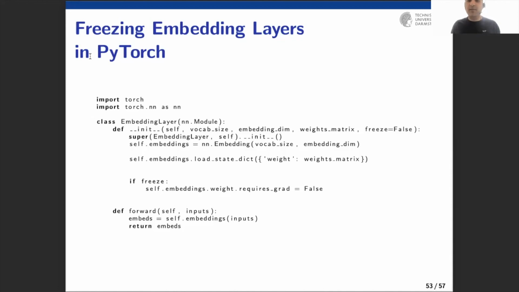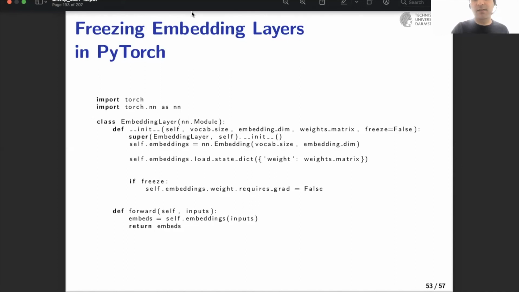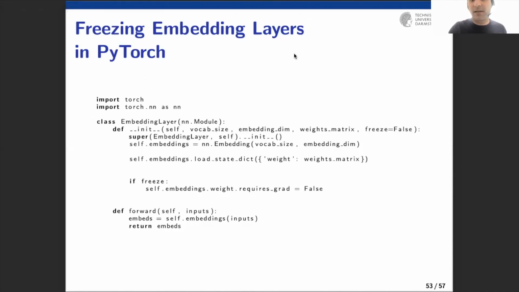But how should we implement that in PyTorch? It's very easy. Here we add another parameter like freeze, which can be true or false. When it is true, it means that we define our embedding layer, and we don't want its word embeddings to get updated during backpropagation, right?